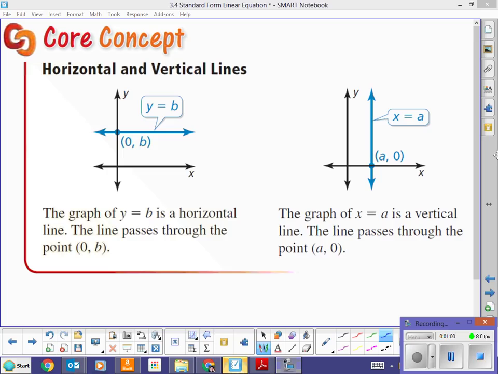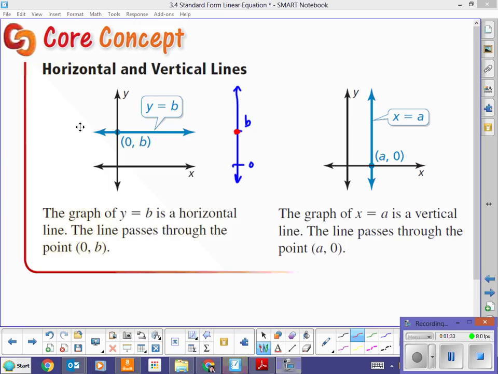Horizontal and vertical lines. The way I think of this is a coordinate plane is two number lines that intersect. The x-axis is a number line, the y-axis is a number line. If I was dealing with a single vertical number line, and this is point 0 here, and this is point b, and we said graph y equals b, that would be a single point because we're only dealing with a single variable, a single dimension.